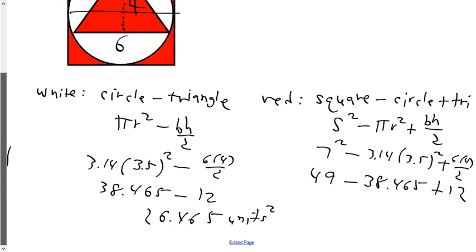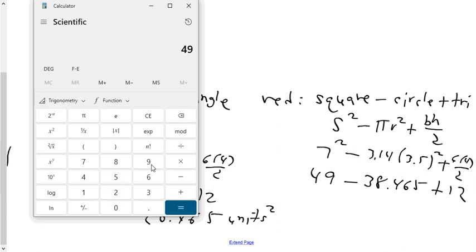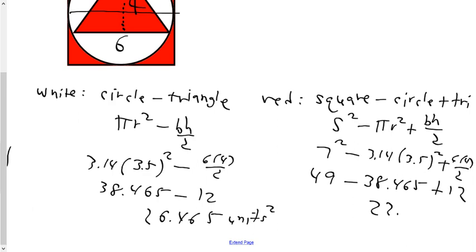And when you work that out, 49 take away 38.465 plus 12 equals 22.535 units squared of red.